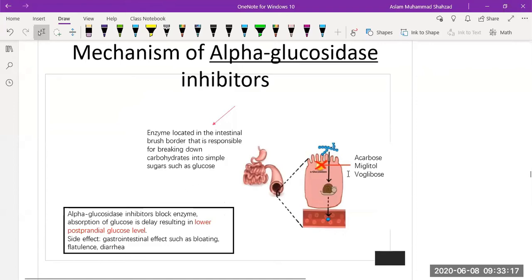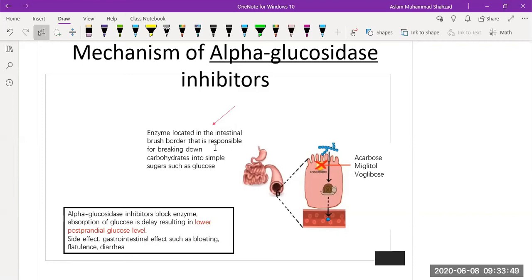So they mention that there is one enzyme, alpha glucosidase, and acarbose or miglitol is responsible for blocking or inhibiting that alpha glucosidase enzyme, and that inhibition is responsible for producing the effect.